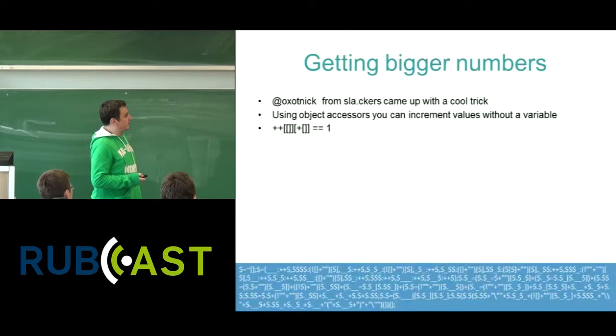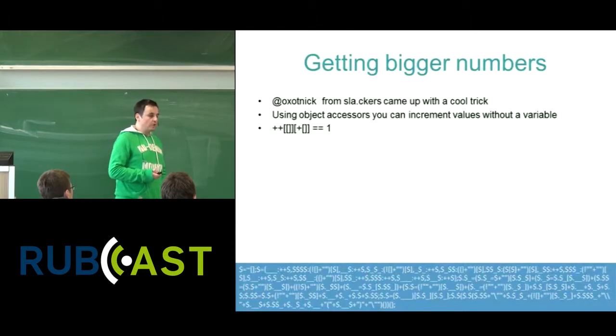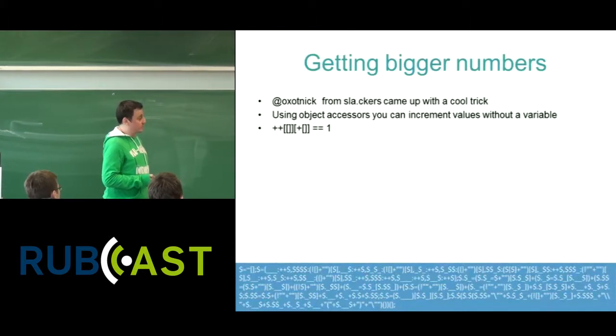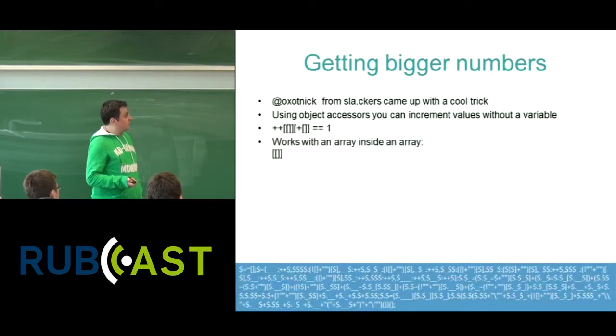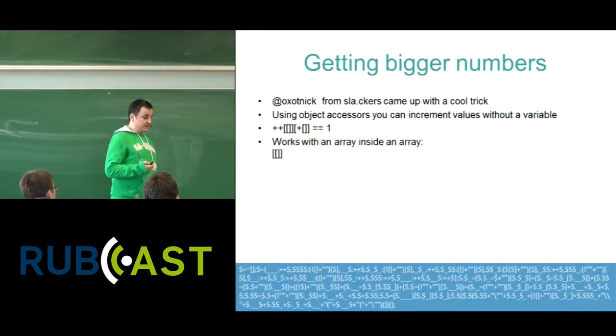If you're accessing a property of an object, you can increment it without referring to a variable, which is really cool because you can increment these values multiple times. And it works without specifying equals, which is another important point when dealing with non-alphanumeric code.